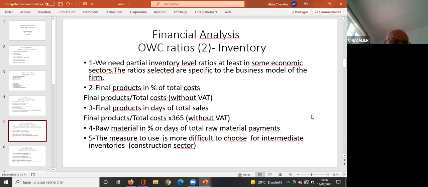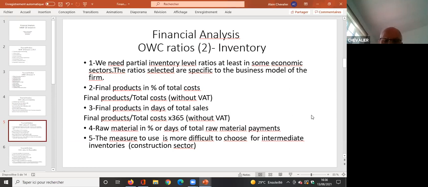For the trading or commercial activity, it means when you resell to your customer, it's quite simple because you get the price paid. So you get the invoice, the price with and without VAT.